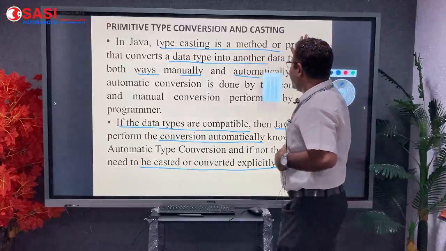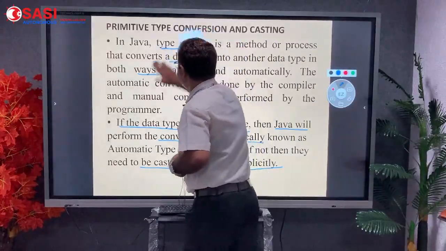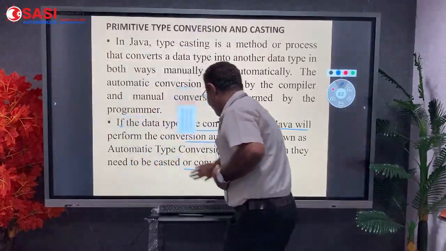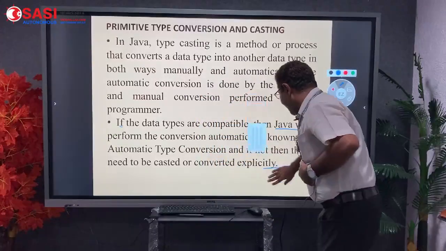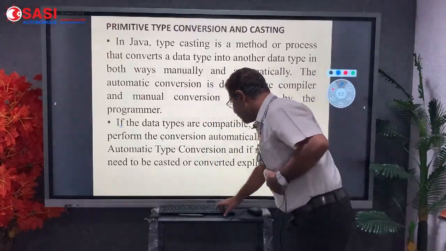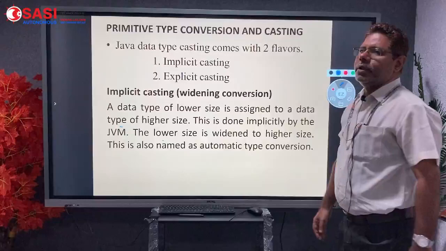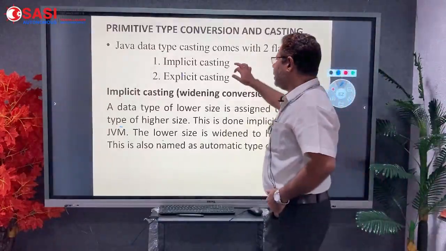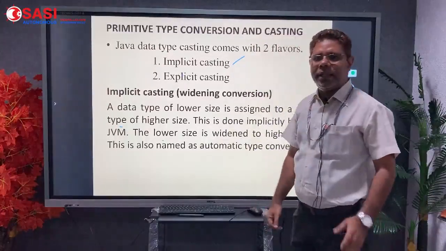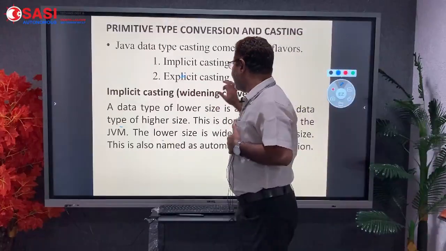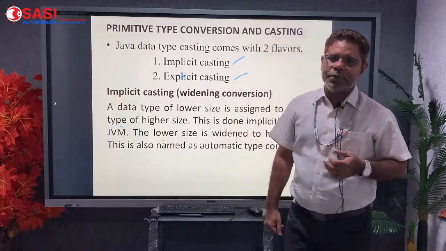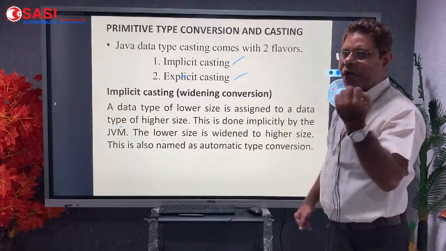So here we have the 2 types of conversions. One is the automatic conversion and the second one is the manual conversion. The automatic conversion is called implicit casting and the manual conversion is called explicit casting. So here in Java we have the 2 types of casting.